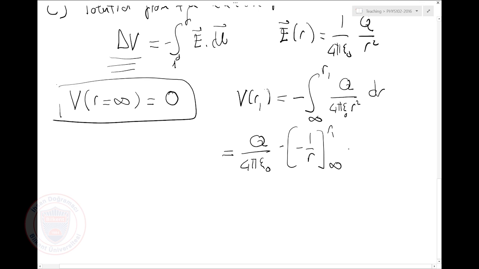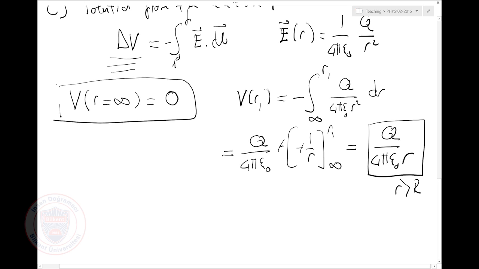So overall, this is going to give me q over 4 pi epsilon 0 r on the outside. Am I surprised? No. Why should I be surprised? If the electric field is just like a point charge, potential should also be just like the point charge.